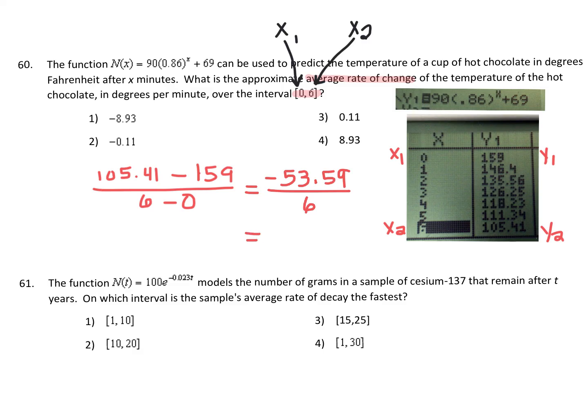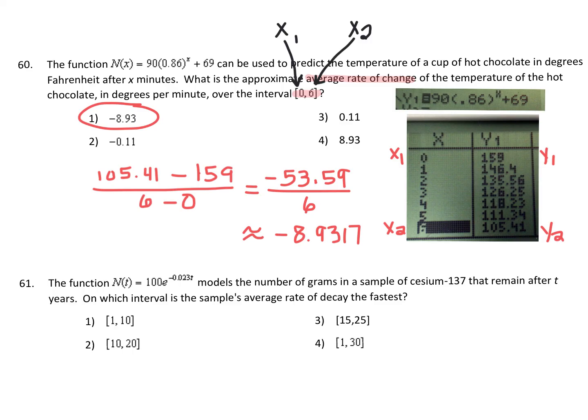All right, so then when we divide these, we wind up getting negative, actually, I'm going to erase this. Have you guys ever seen this symbol? This is the approximate symbol. I'm going to be rounding here. We get approximately negative 8.93. Okay, so if we look at the answer choices, we could see, look at that, that matches up right here with choice number 1.